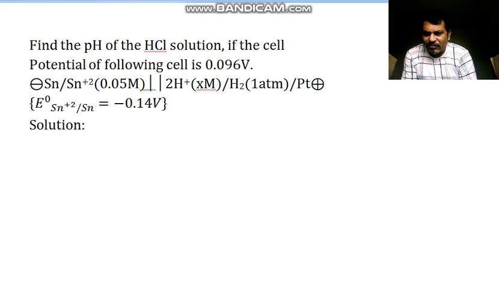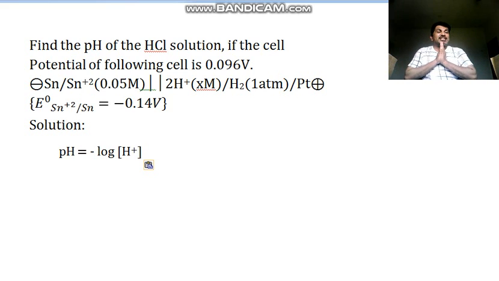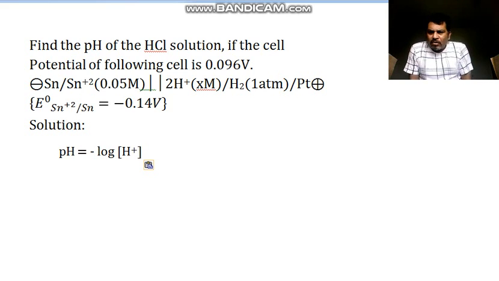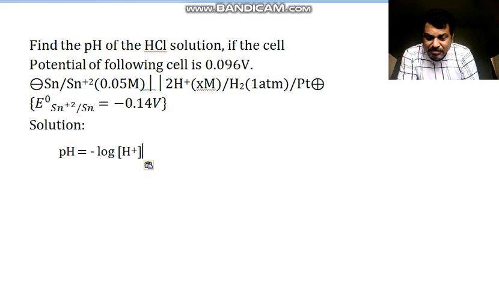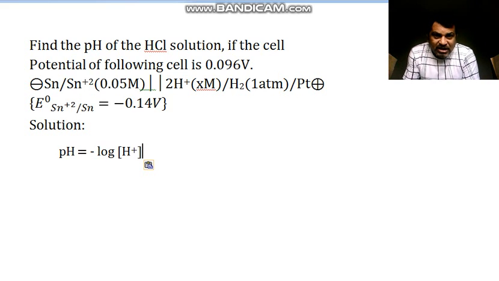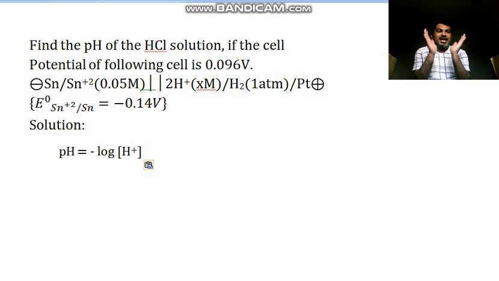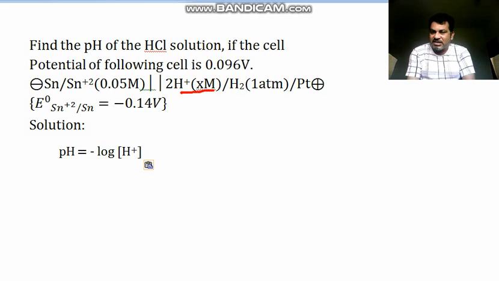To find pH, we need the formula pH equals minus log H plus or H3O plus. So here we need the concentration of H plus, but the H plus concentration is not provided to us. You can check this: the concentration of H plus is X, not given.